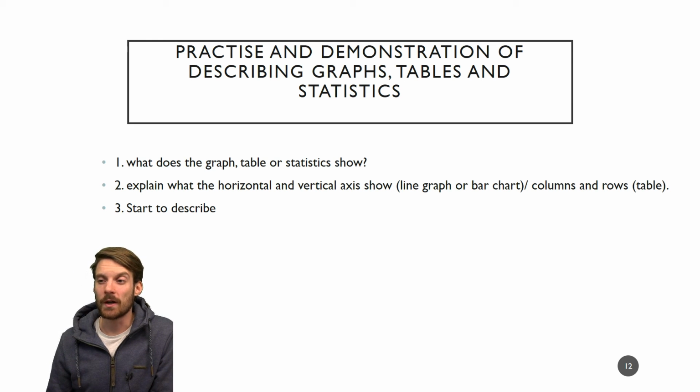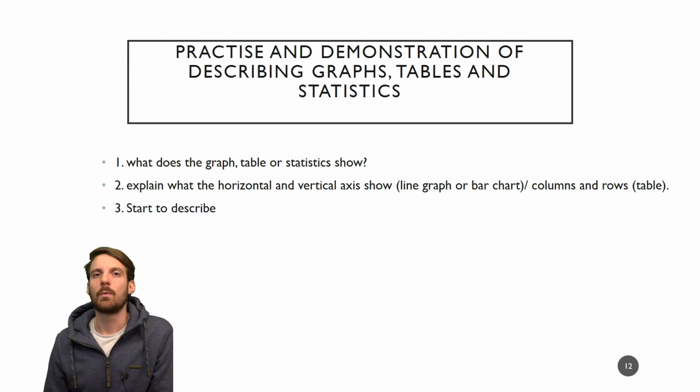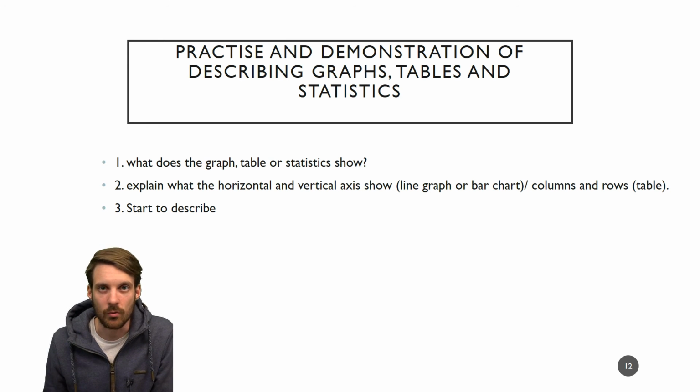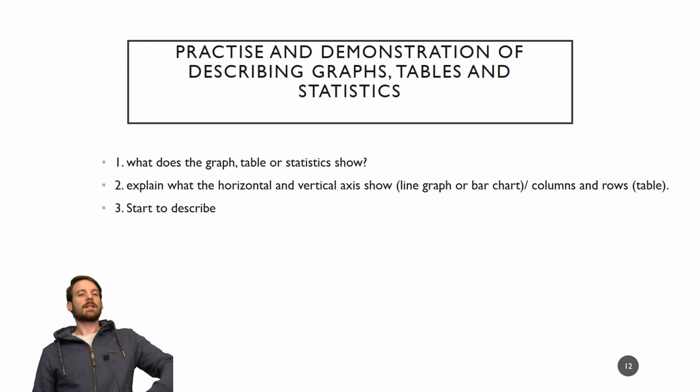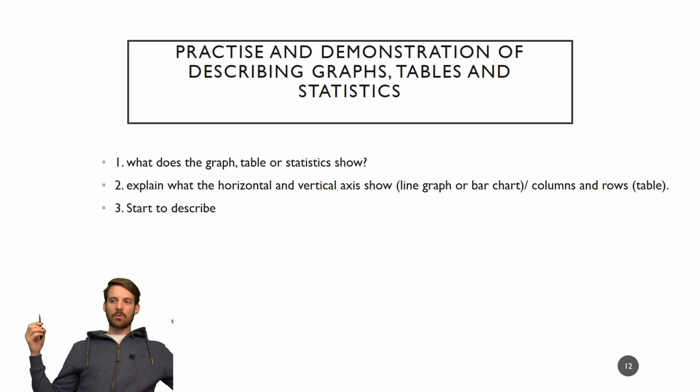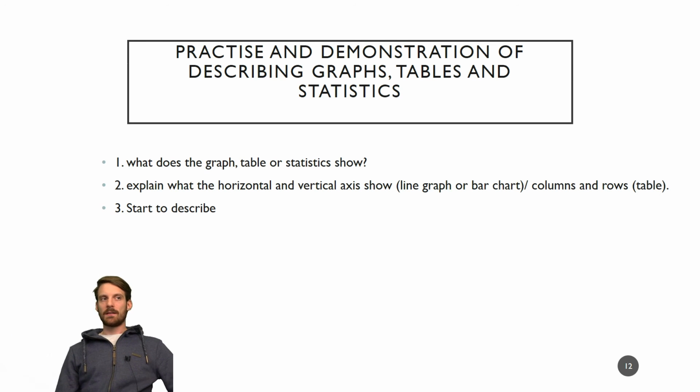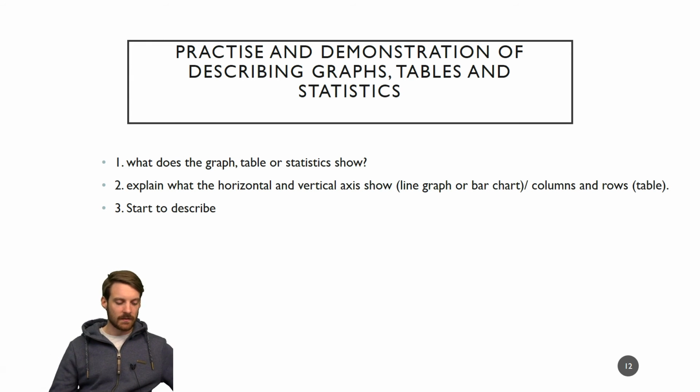So what you want to start with is that you describe what the graph, table, or statistics show. It doesn't make any sense if you start right with "this first slice of the pie shows, the second slice..." At first, explain the very obvious.